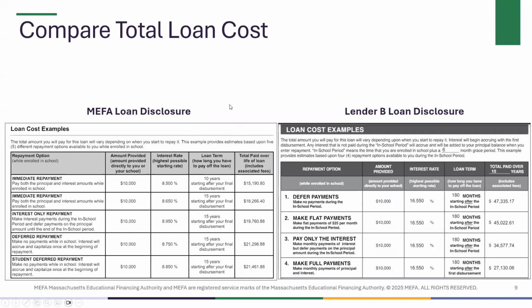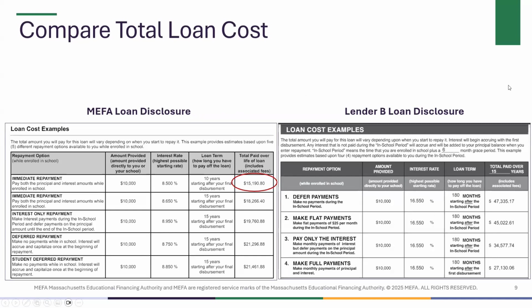So here you can see MEFA has multiple repayment options. And for our immediate repayment loan at 10 years, you can see the maximum for that loan will be about $15,190 if you take the full 10 years to pay it back. Of course, you can pay the loan off sooner without penalty to lower that cost.